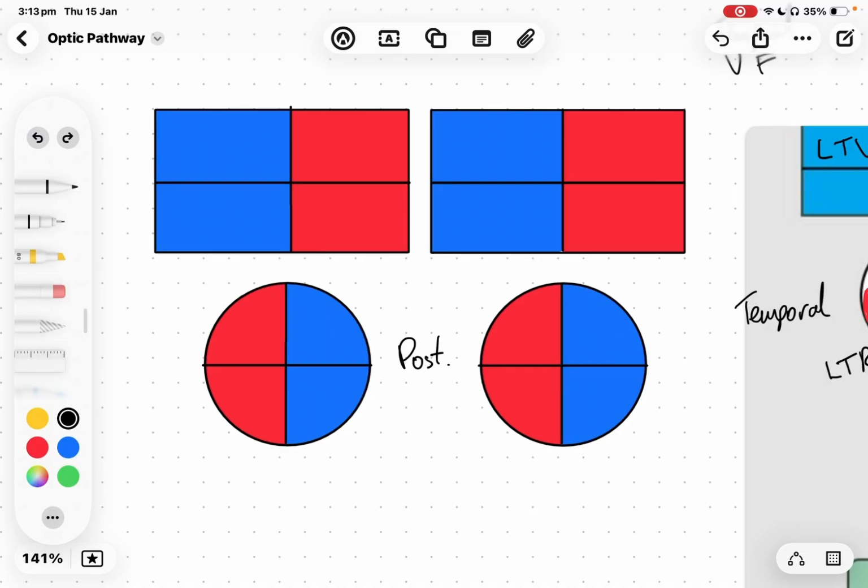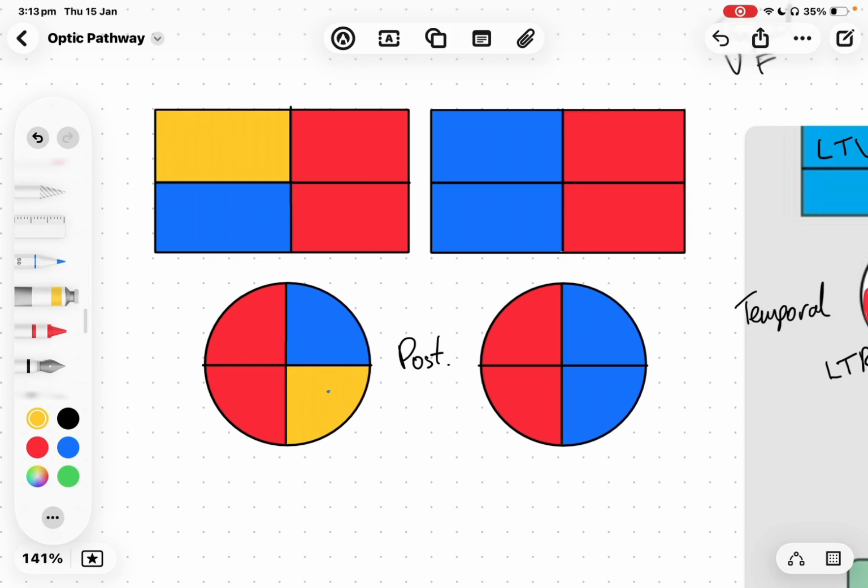And so if I now take this color here and I change this superior portion of the left temporal visual field to green, or even yellow, then not only is it going to be crossing over to the nasal retina, but because it's the superior portion of the visual field, it's going to be detected by the inferior portion of the retina.